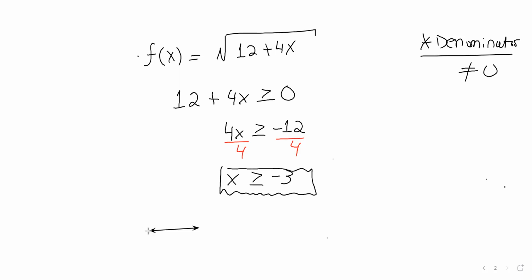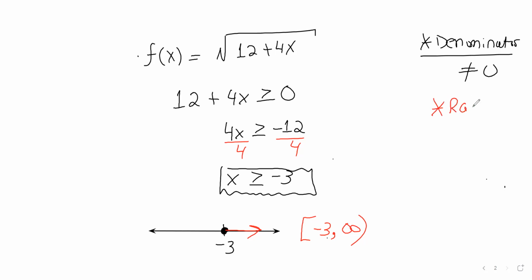So the function is defined for all values of x equal to negative 3 and greater than. So in interval notation, this would be bracket negative 3 to infinity. So notice now we're introducing this different inequality symbol.